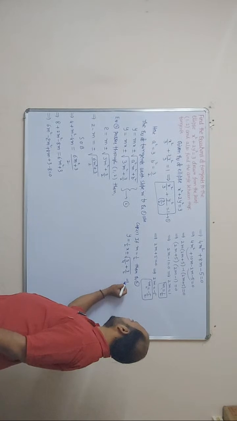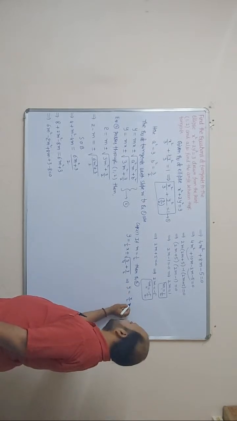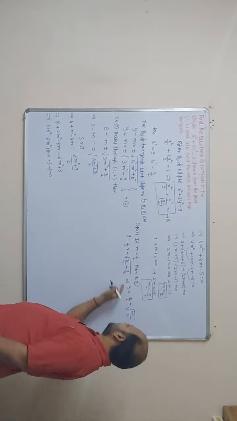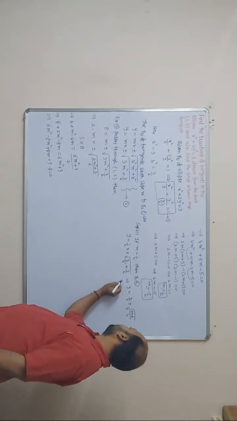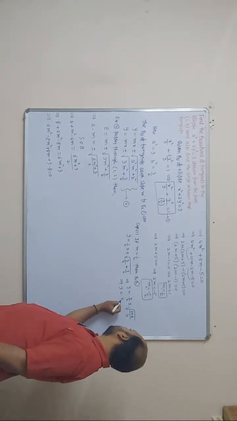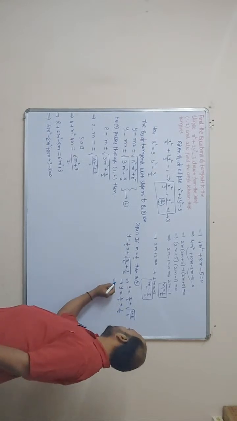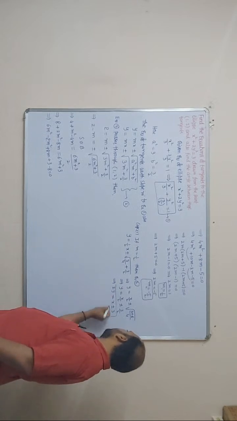If you simplify, y is equal to x by 2 plus or minus root over 4 LCM, 3 plus 6, that is 9 by 4, which means 3 by 2 will come. So y is equal to x by 2 plus or minus 3 by 2. So 2y is equal to x plus or minus 3.